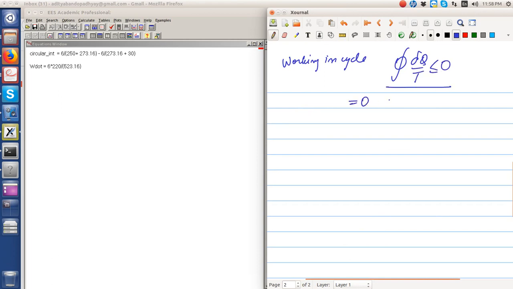Equal to 0 holds true for a reversible process, but in general it is less than 0. Because it is less than 0, we are always losing some amount of work in every cycle. If it's an ideal cycle, if it's a Carnot cycle, we are optimally converting whatever we could into work. It is not the case for an irreversible cycle.